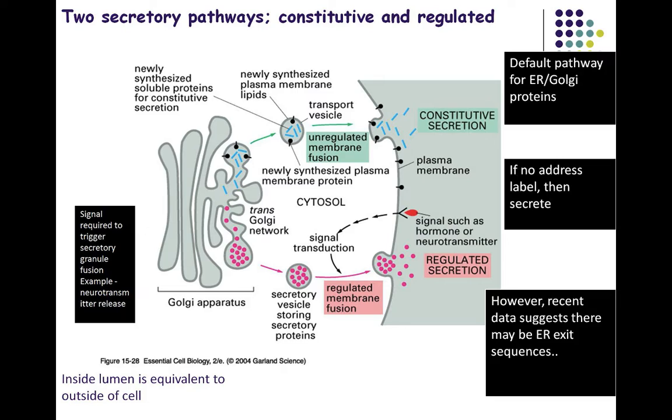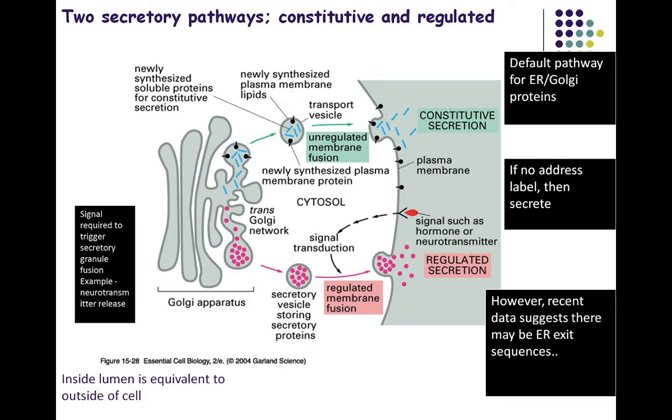Okay, so one of the two pathways called constitutive is an unregulated pathway. So in constitutive secretion, the cargo is transported from ER to Golgi to outside the cell in a manner that is not signal dependent.